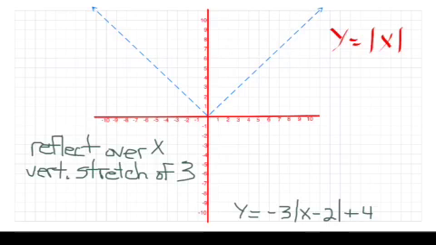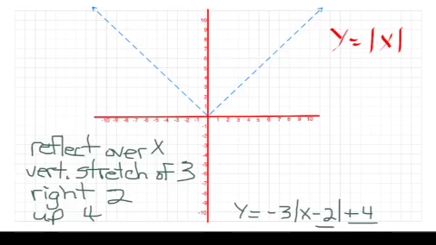And then the -2 here on the inside would have the effect of moving it to the right 2. Remember, minus on the inside moves right, and plus on the inside moves left. And then finally this +4 out here would move up 4. So this one actually has 4 transformations that are going to take place.